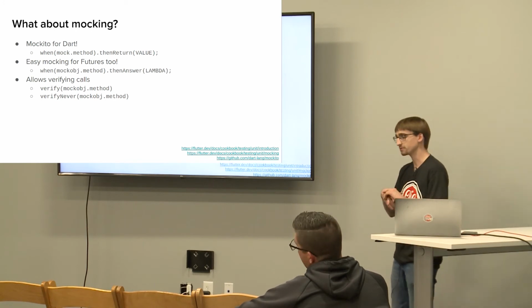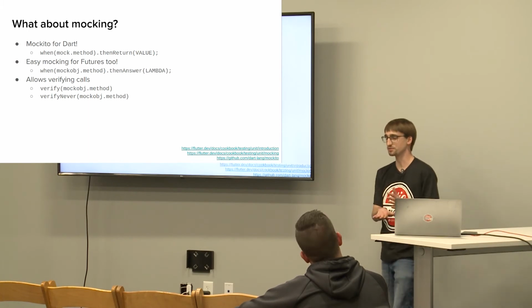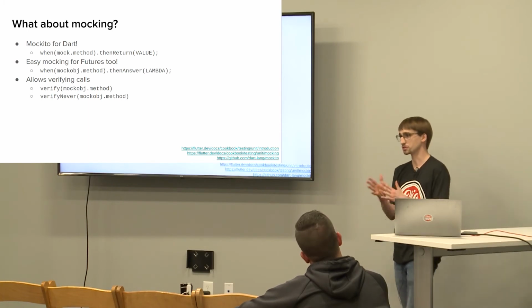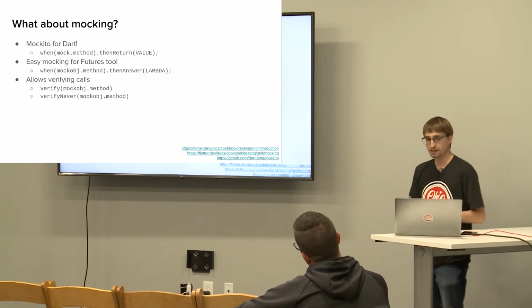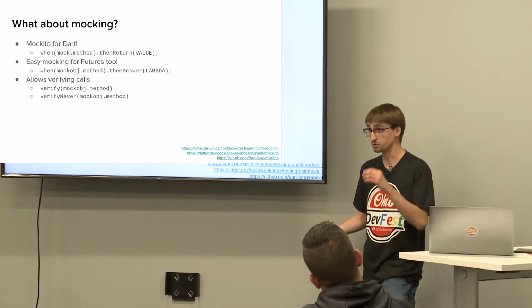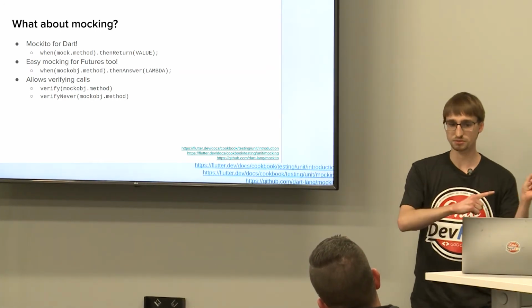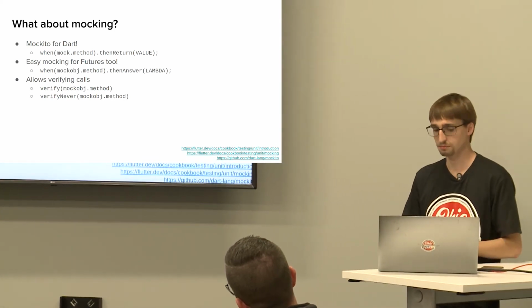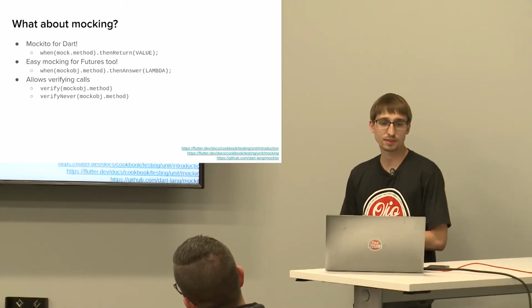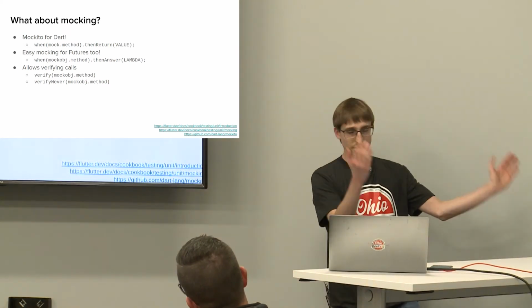So mocking allows you to create a version of the real class, but you can hand it specific values that you want it to return or behave with. Mocking also allows you to do things like verification. If you want to verify that the class you're testing called some other service, you can usually do that by mocking. So if you've used Mockito for Java, there's Mockito for Dart.